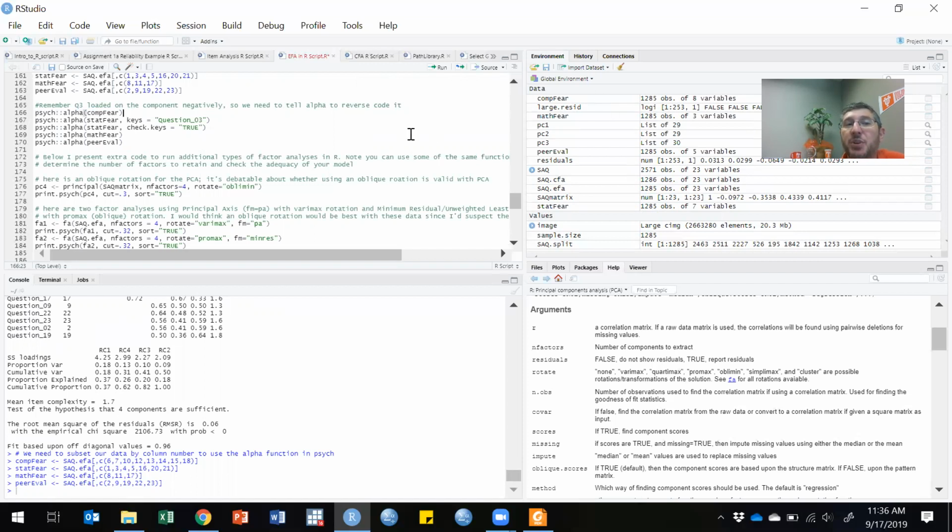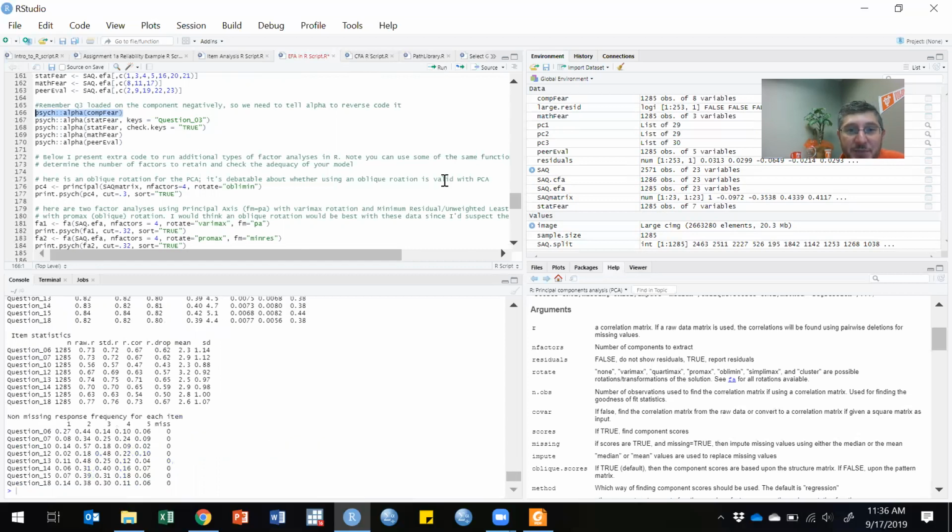We can do that a couple of different ways. We can use the keys argument and say to reverse code question 3, that variable. Or we could use the check keys command. The only thing about using check keys is you want to make sure that's the only one that is reverse coded. Whenever you get it to do it automatically, you want to double check that it's doing exactly what you want. So let's run some of these.